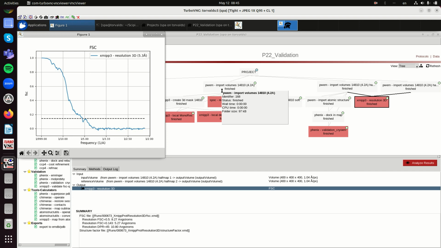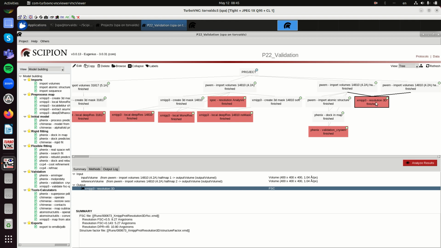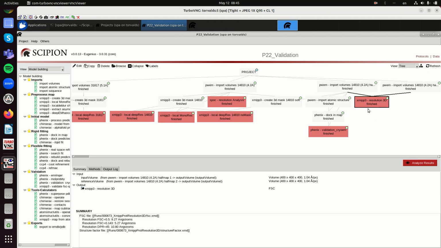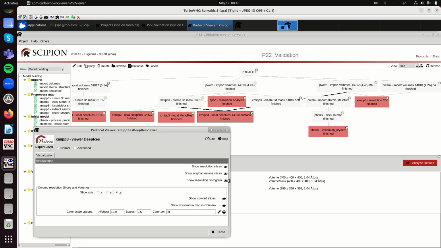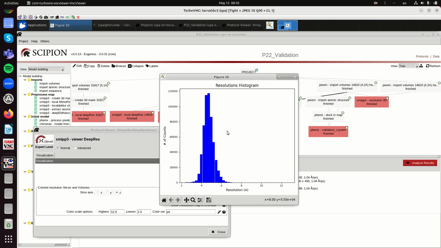This is happening because of the masking: when you apply a mask to a structure, you're correlating the Fourier coefficients in Fourier space, and then they correlate much better. So it seems that it is 5 point something angstrom, which is consistent with what we were seeing here of the local resolution. The local resolution identified it, but it needs the noise around, otherwise it cannot make a proper comparison.